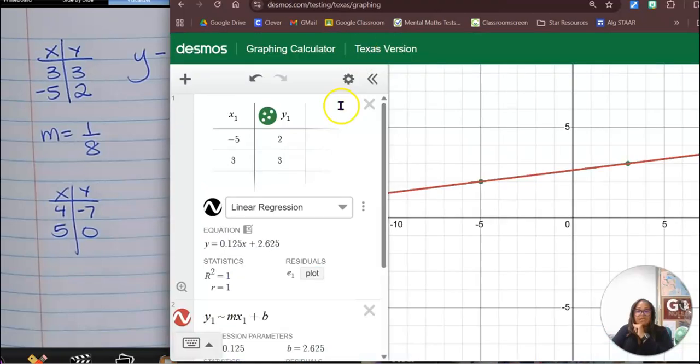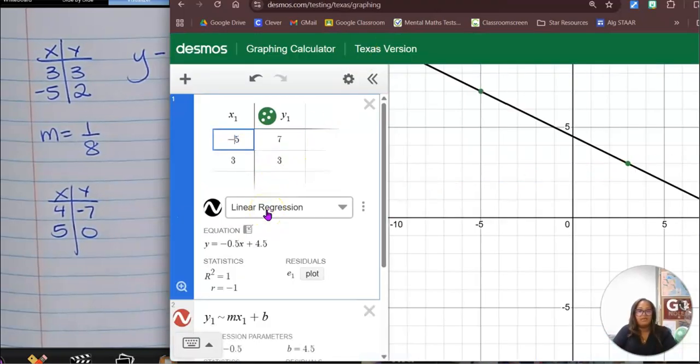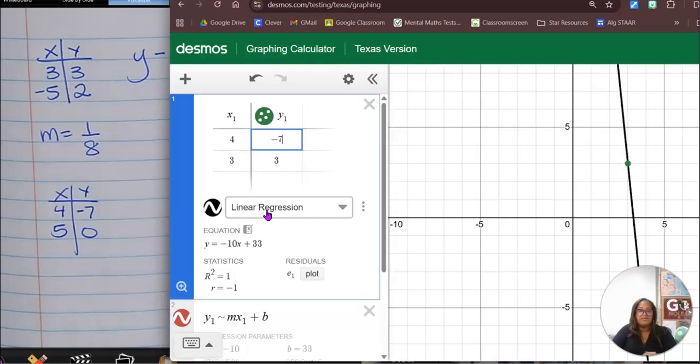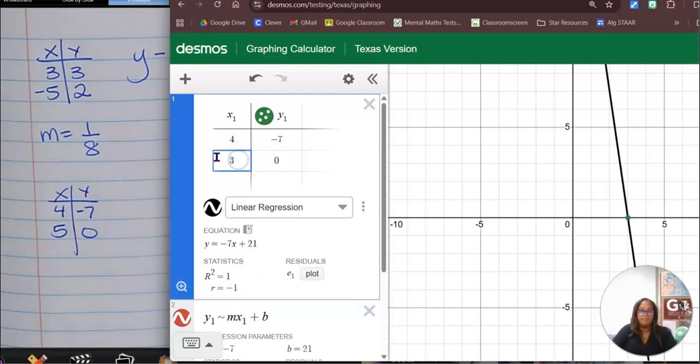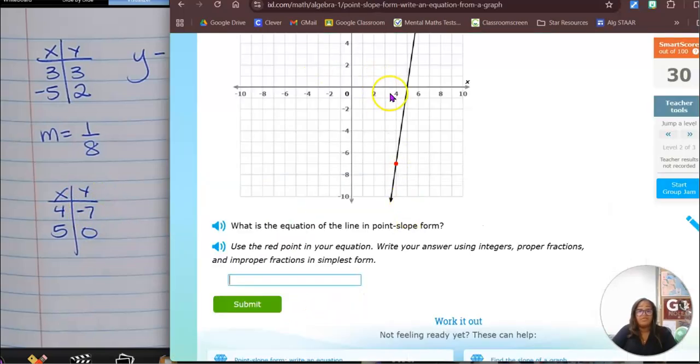All right, Desmos to get the slope. It should be a -7. 4, -7, 5, 0. All right, my slope is 7, and I have to use 4, -7.